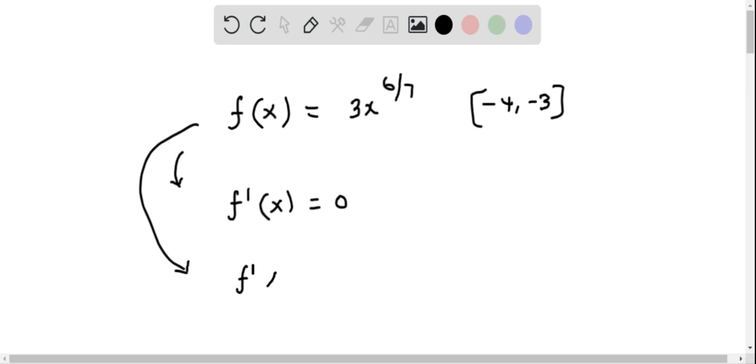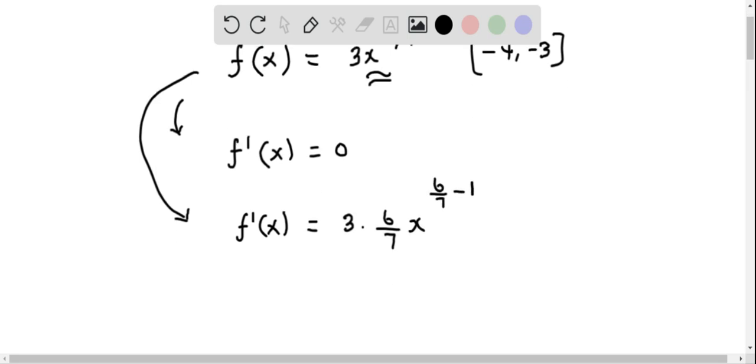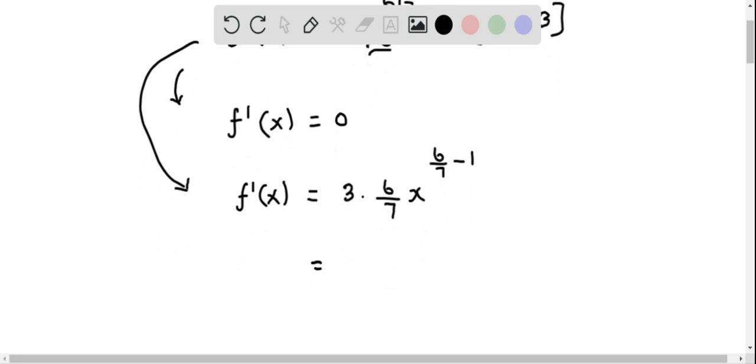So I'm going to write f prime of x, which is the derivative of the f of x, and this equals 3 times, we apply the power rule to find the derivative of x raised to the power of 6 by 7. So I put the power in front and then raise x to the power of 6 by 7 minus 1. Now let's simplify this. So this equals 3 times 6 is 18.